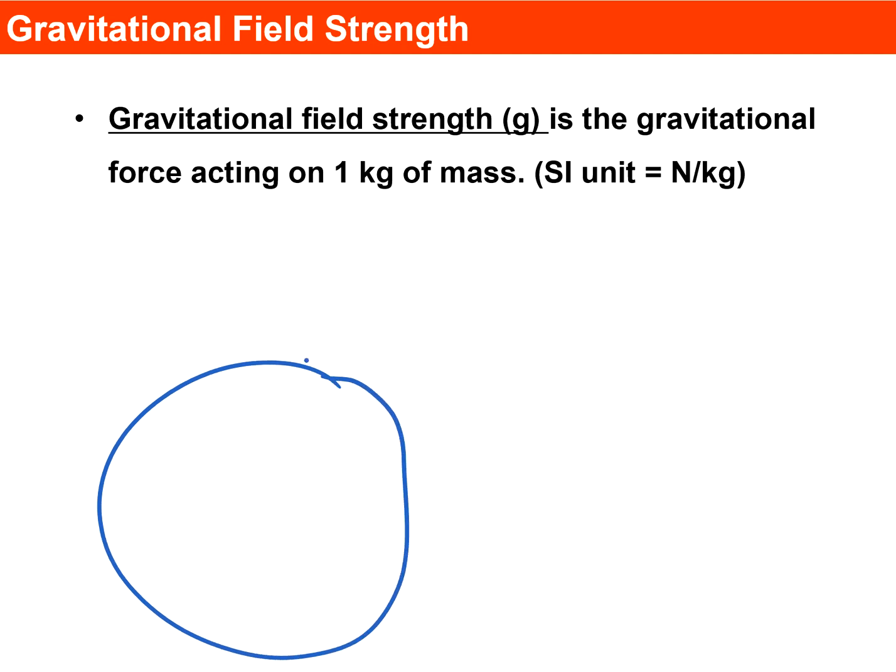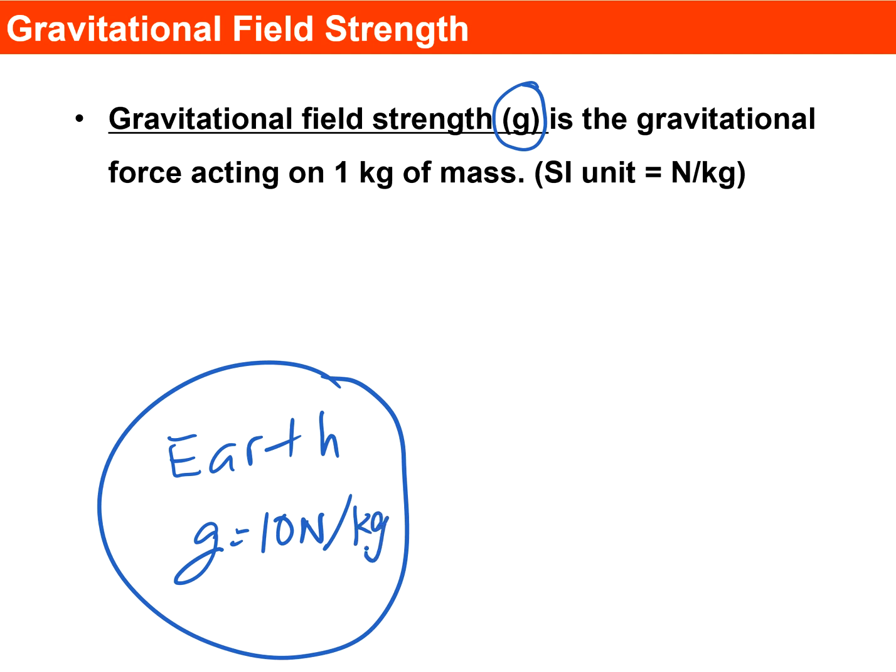Now, the Earth has a gravitational field strength, represented by the symbol g, italic g here. So the Earth has a gravitational field strength of 10 newtons per kilogram. What exactly does it mean when I say that the Earth has a gravitational field strength of 10 newtons per kilogram?